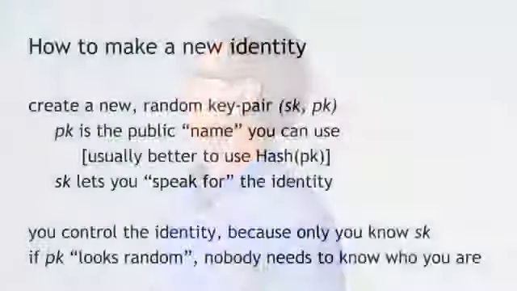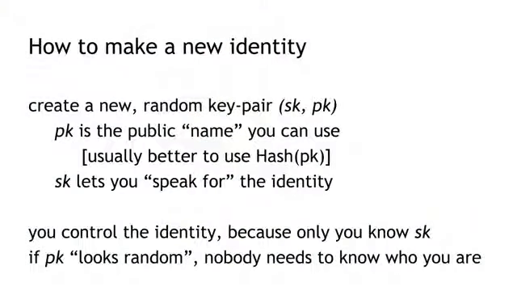And so if you know the secret key that corresponds to the public key, PK, then you can sign messages with that secret key, and what you're doing essentially is making statements on behalf of that public key. And that means that there is an identity in the system which only you can speak for, and of course that's what you want an identity to be, something that one person can speak for, that everybody can see.